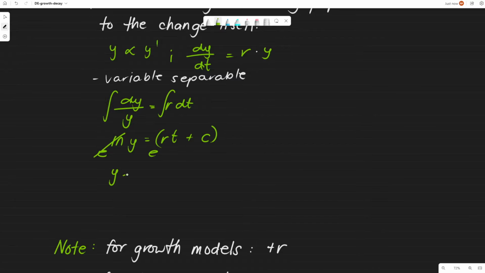Therefore y is equal to e raised to rt multiplied by e raised to c. However, e raised to c is just a constant, so we can just call it c. Therefore, we have c e raised to rt. That is our working formula when solving law of population growth and decay: y is equal to c e raised to rt.